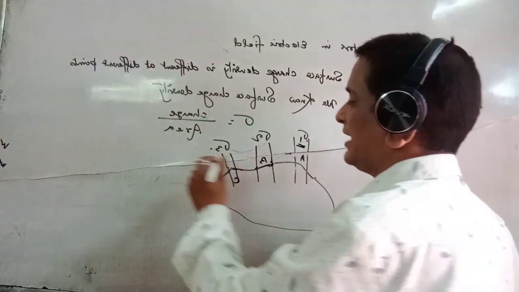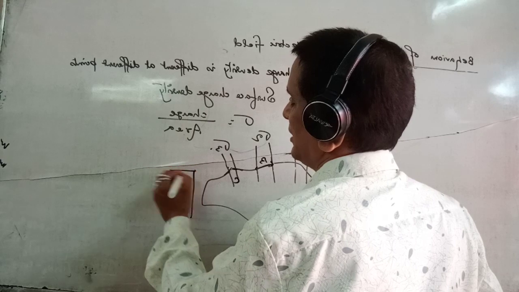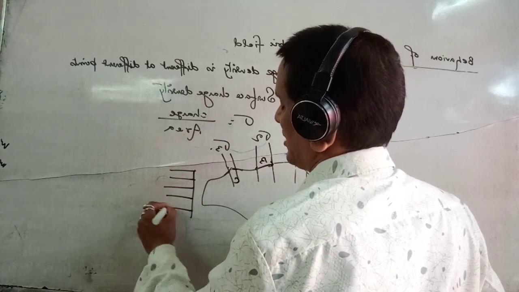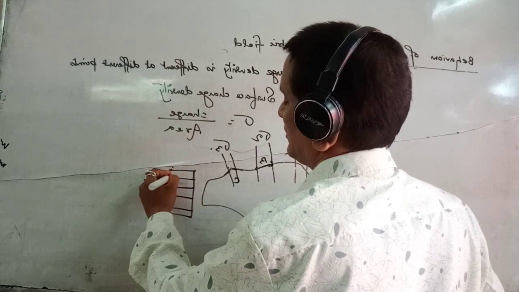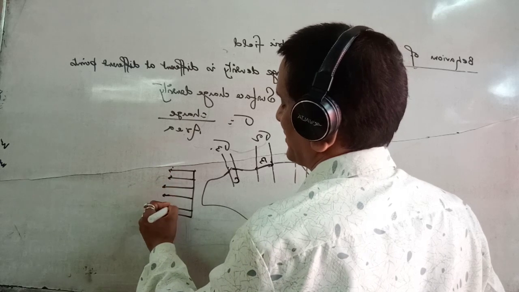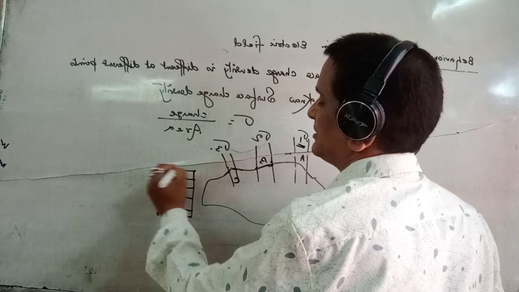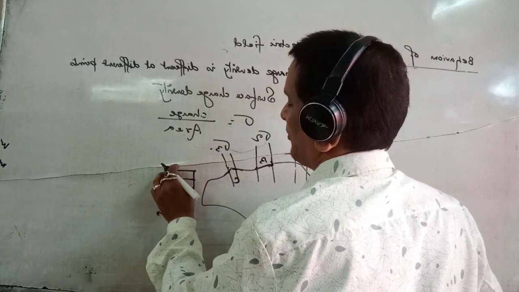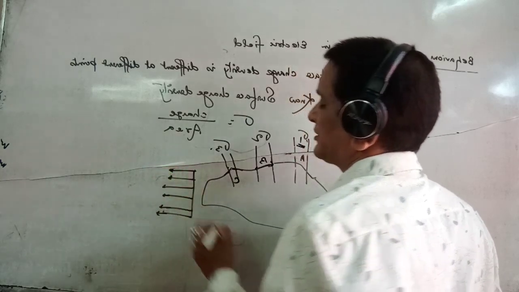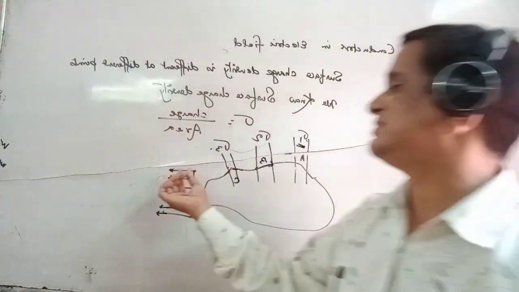So, similarly, if we take a comb and rub it in our hair, then what will happen? It will attract a piece of paper. Do you know what the reason is? At this point the comb is a pointer, that means its area is very small.